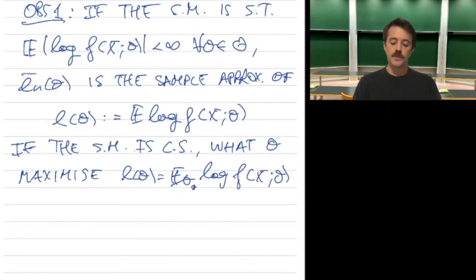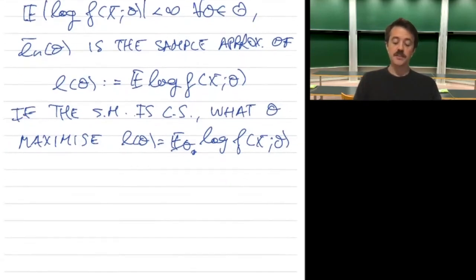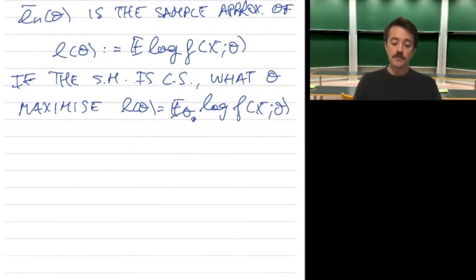Imagine that it could be that there are several theta naughts. I haven't said identifiable model, I've simply said correctly specified. So this is a theta naught, by the way. It doesn't look very good, but it's a theta naught. Which ones maximize this?